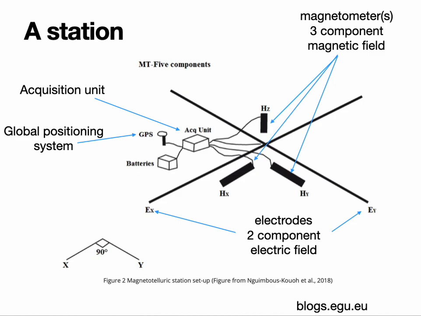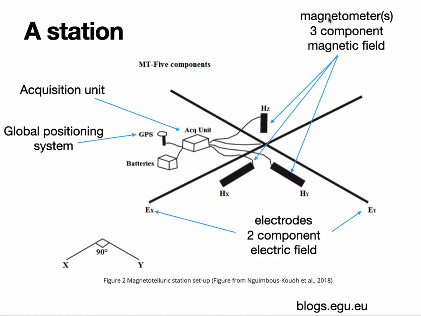Now, to give you an idea, this is a sketch of a magnetotelluric station. As I told you before, we want to measure several components of the electric field and magnetic field. So we need electrodes to measure the electrical field in the plane of the surface, the two dimensions, Ex and Ey.